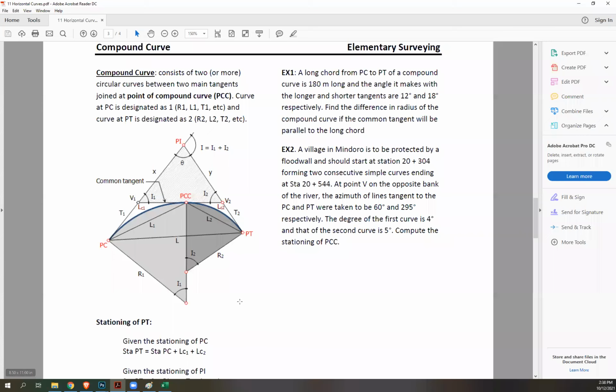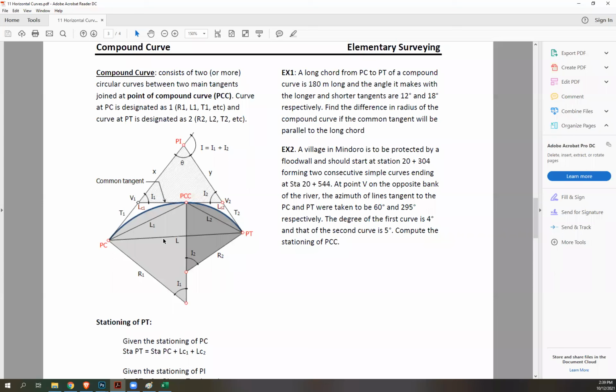Okay? And then, if we extend the back tangent of the first curve and the forward tangent of the second curve, this forms the angle of intersection, which is also the summation of your angle of intersection of curve 1 plus angle of intersection of curve 2.